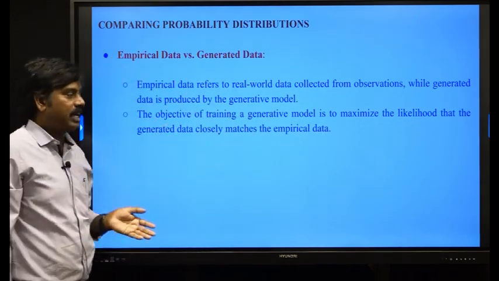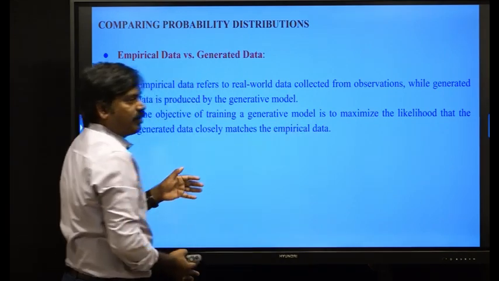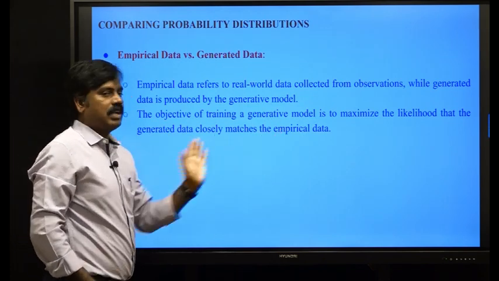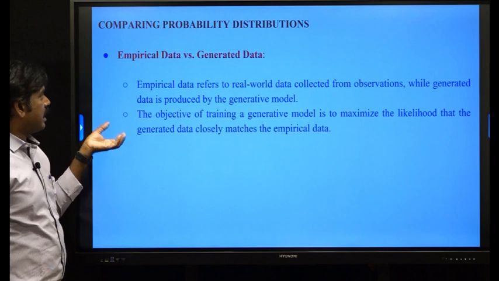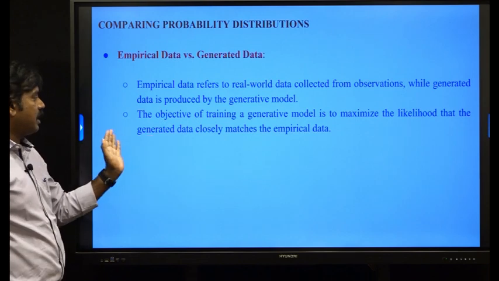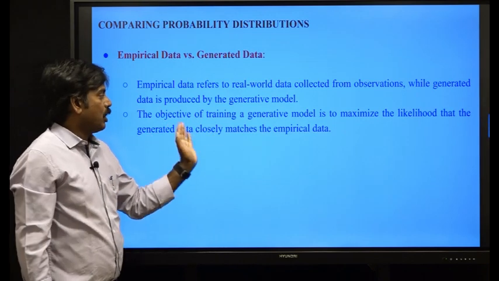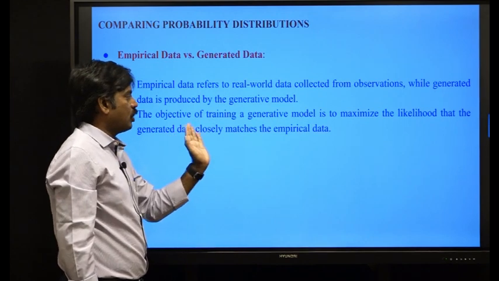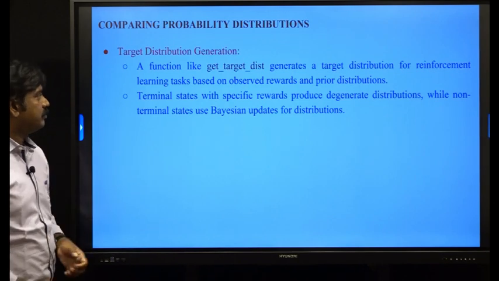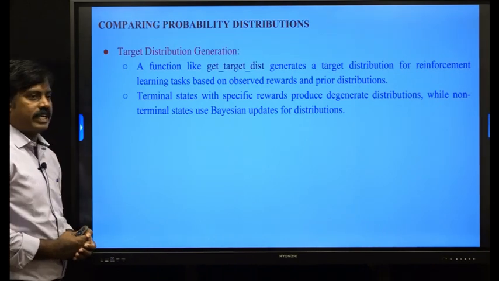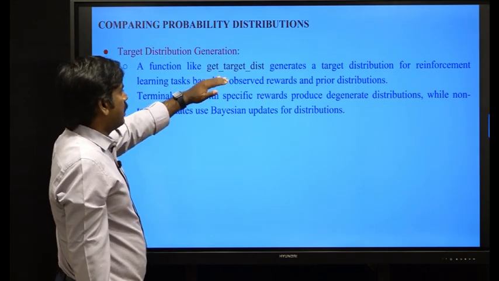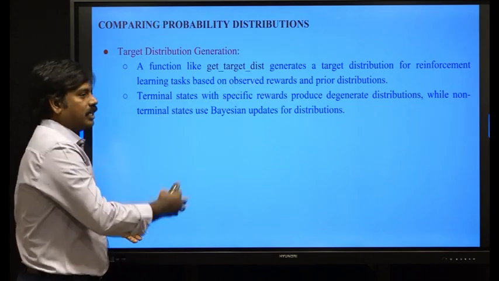The objective of training a generative model is to maximize the likelihood that the generated data closely matches the empirical data. So distributional deep Q learning produces generated probability distribution values, and we compare those values with the empirical distributional values. For this we use target distribution generation, which is generated by the get_target_dist function in PyTorch.